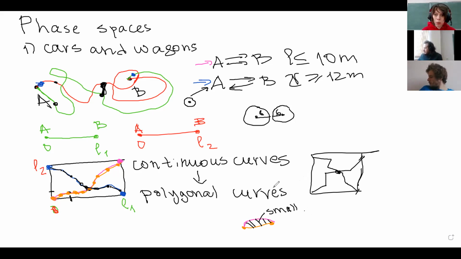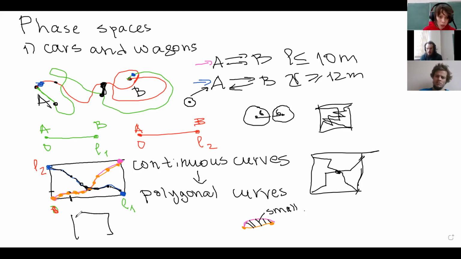And each time we will get an intersection point, actually. Well, for some curves, we might get several intersection points. Let's see, for example, we can go like this and like this, and we have 1, 2, 3, 4, 5 intersection points. These continuous curves might go in weird ways.